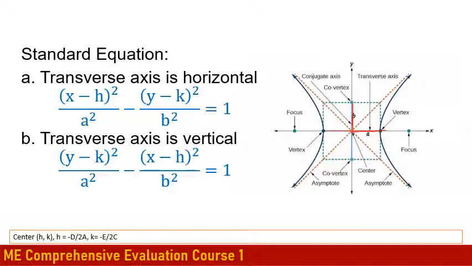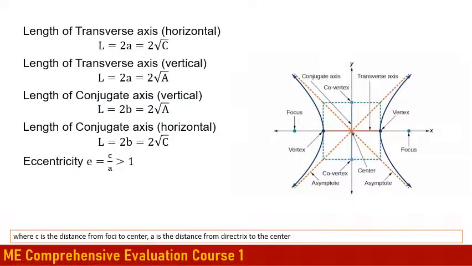So that's how you can get A and B. The length of the transverse axis, if it is a horizontal hyperbola, and if it is vertical, also the length of the conjugate axis, is shown here in the presentation. The eccentricity is still C over A, and that's always greater than 1.